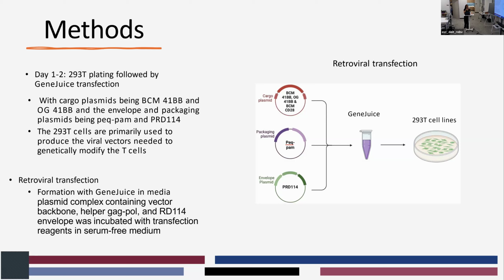And then we also have the envelope plasmid. And then to carry all these plasmids to T cell lines, we use GeoJuice, which is used to maximize DNA delivery and minimize cytotoxicity in the cells.